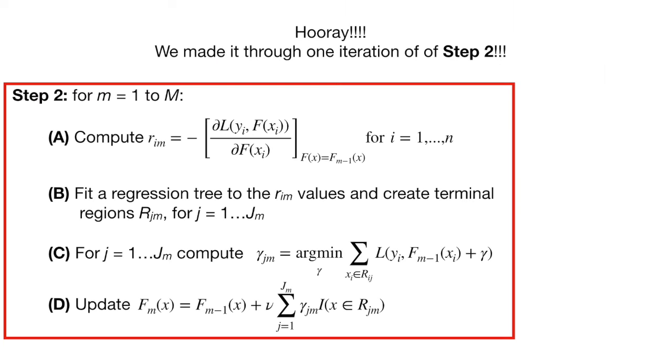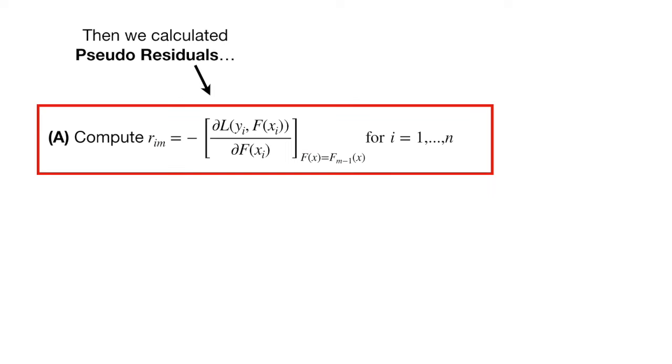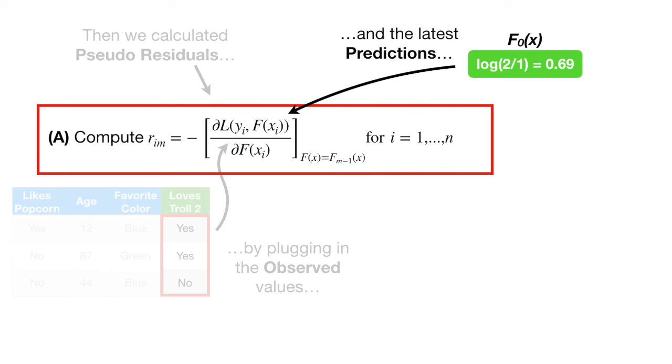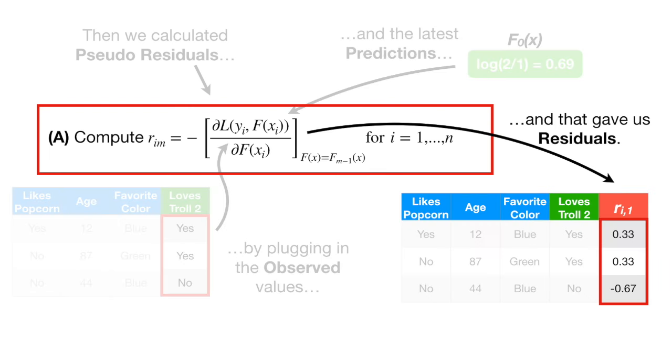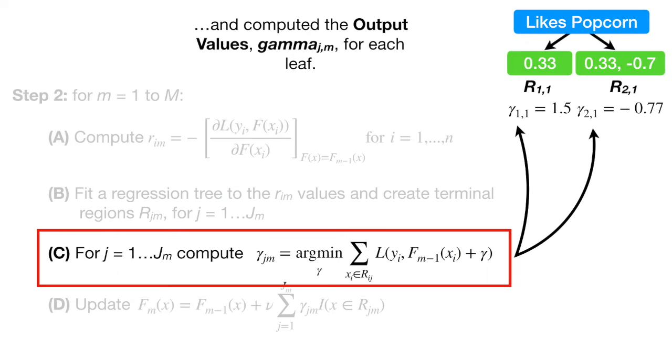Hooray! We made it through one iteration of step 2. We started by setting little m equal to 1. Then we calculated pseudo residuals by plugging in the observed values and the latest predictions. And that gave us residuals. Then we fit a regression tree to the residuals and computed the output values, gamma sub j comma m, for each leaf.